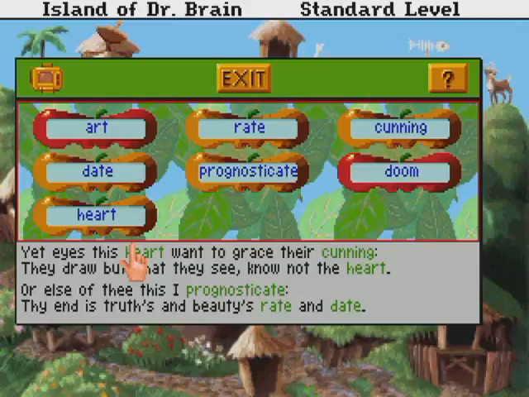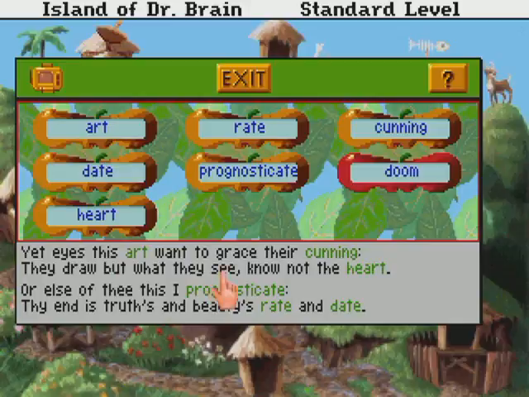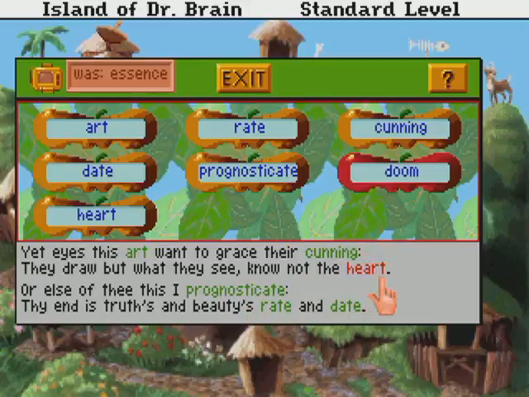Yep, that's the right word. Attractive. Grace there. Do I have to get them all right before they actually do anything? Because this doesn't seem right.